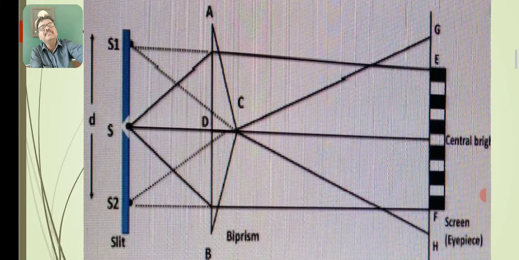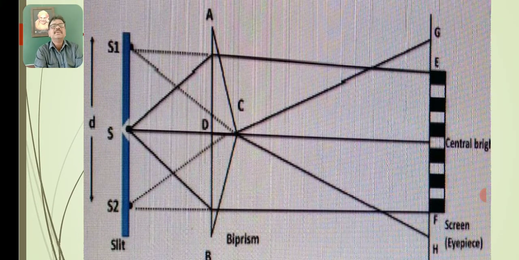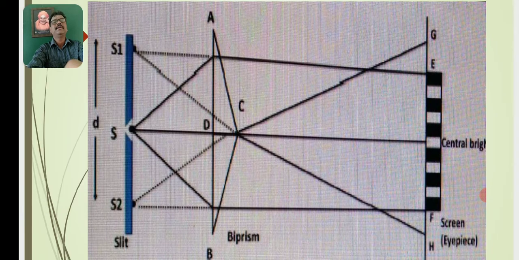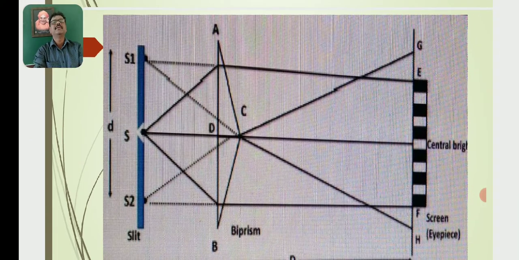Now you see the diagram. Look here, the monochromatic light is made to incident on the single slit S. Then the light emerging from the single slit is made to incident on the biprism.